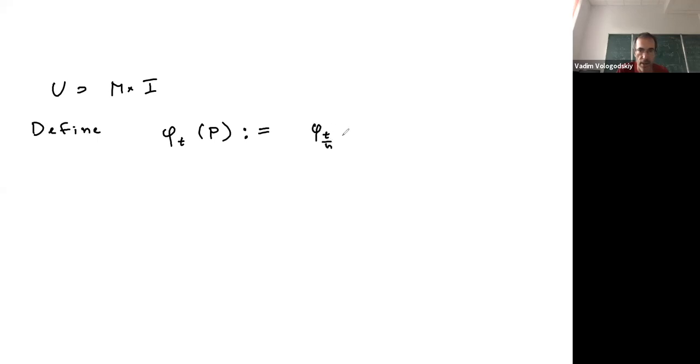So our U contains M times this interval, and now I'm going to show that in fact phi, which is defined already here, can be extended to the entire M times R. So phi t of any point P as follows: I'll take phi t over n composed with phi t over n, take composition n times and apply it to P.